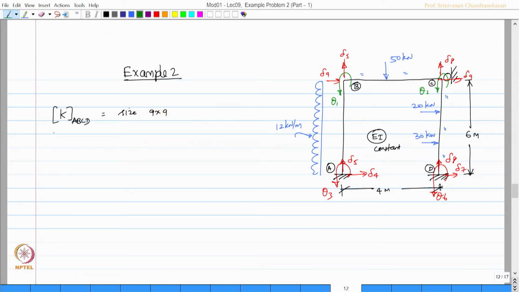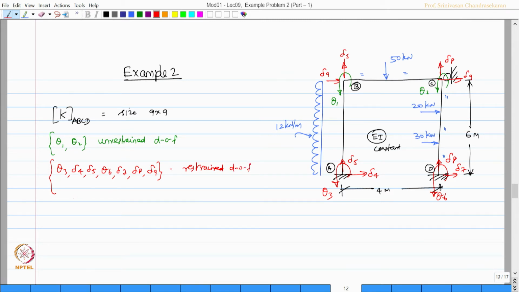Theta 1 and theta 2 are unrestrained degrees, and theta 3, delta 4, delta 5, theta 6, delta 7, delta 8 and delta 9 are restrained degrees.